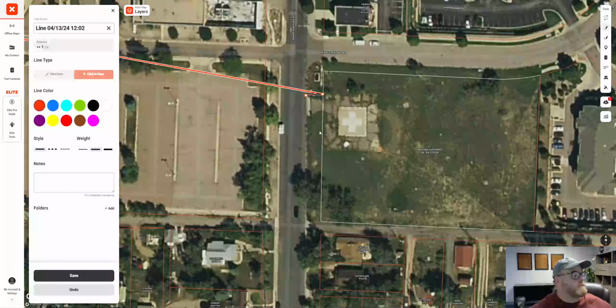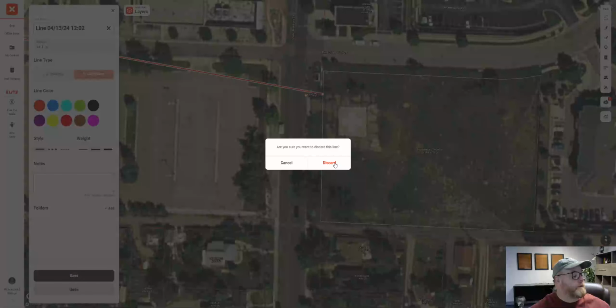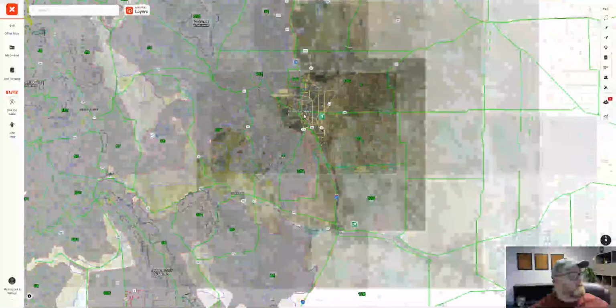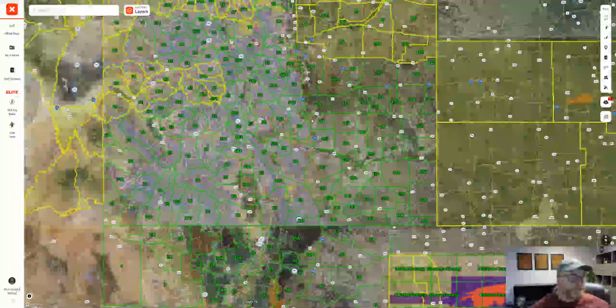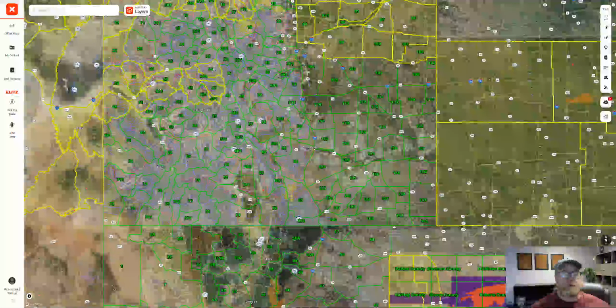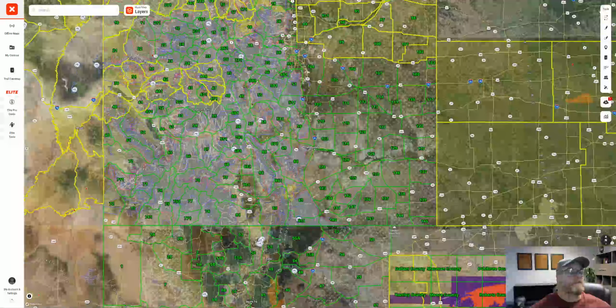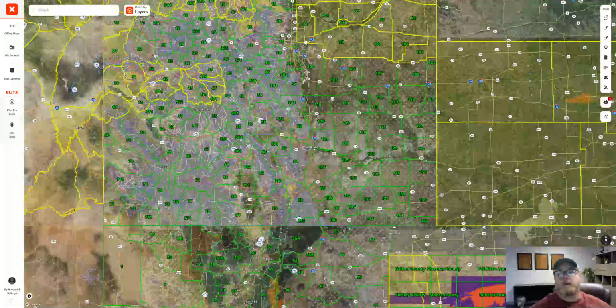You know, you just can't rely on it that much, right? So let me zoom out of here just to save everyone headaches. But what we're going to do is discuss my house here, and then we're going to answer the question of how to survey with OnX.